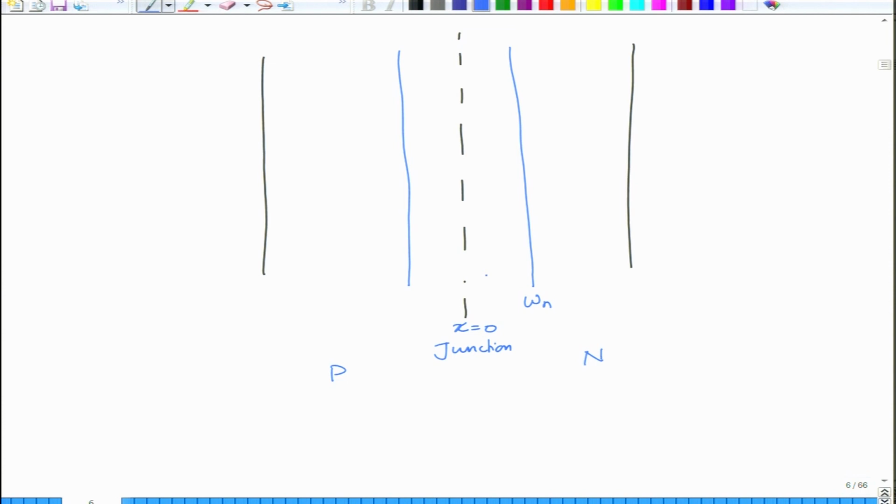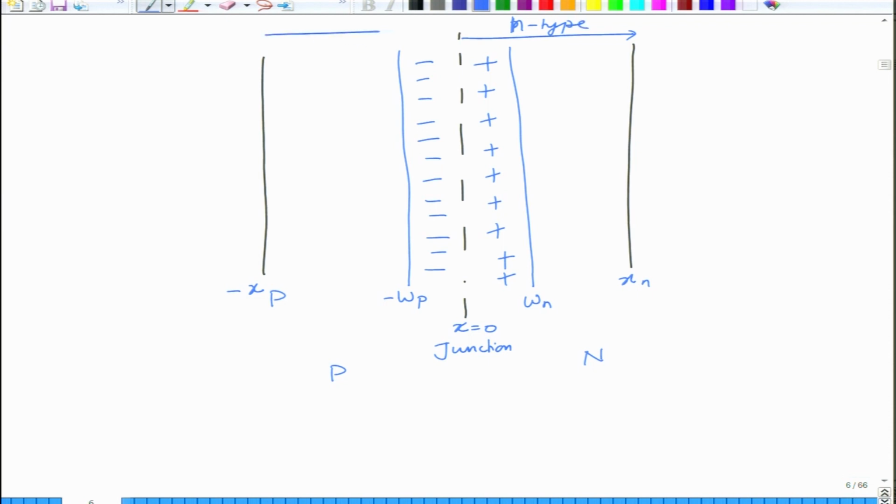So this is the depletion region. Here we have positive donor ions, on this side we have negative acceptor ions, but there are no free carriers. So this is minus Wp, this is plus Xn, this is minus Xn. This side is n type and this side is p type.